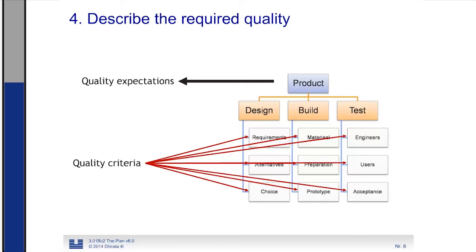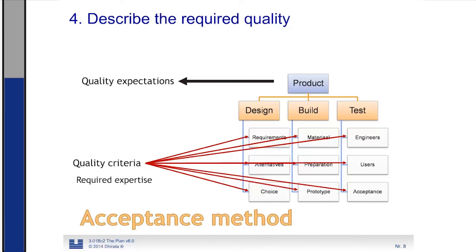We also describe and determine the expertise we need to deliver that quality. And finally, we develop an acceptance method. This is the way that we will accept the project result. This needs to be negotiated before we actually start with the project.